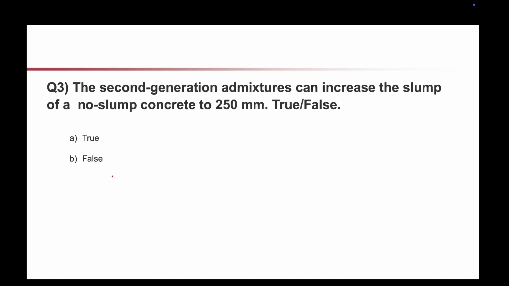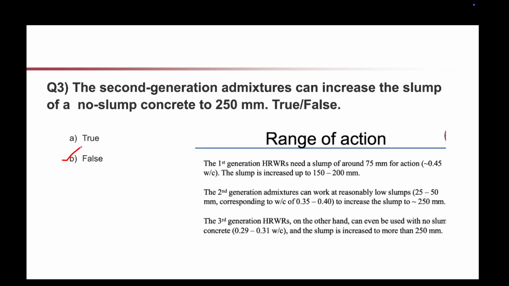The third question is: the second generation admixtures can increase the slump of a no slump concrete to 250 mm. Is it a true or false statement? False. Yeah, so we have three generations of admixtures.